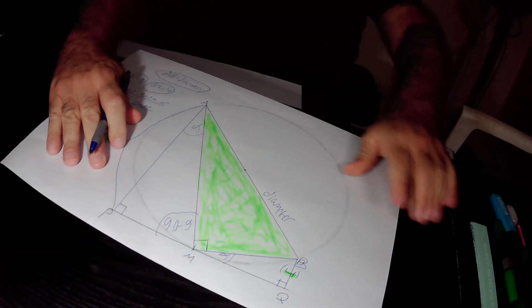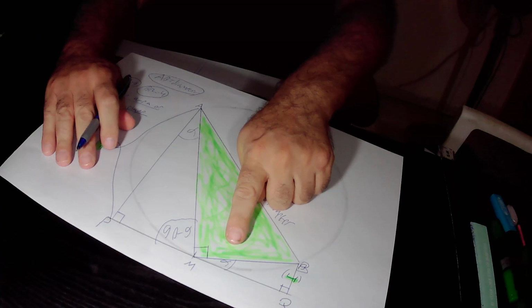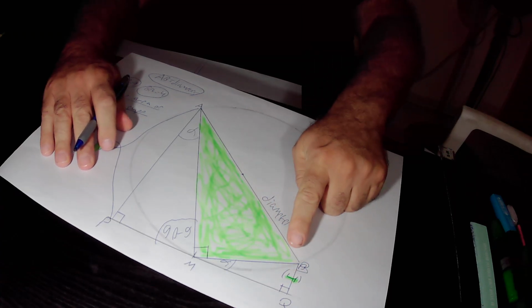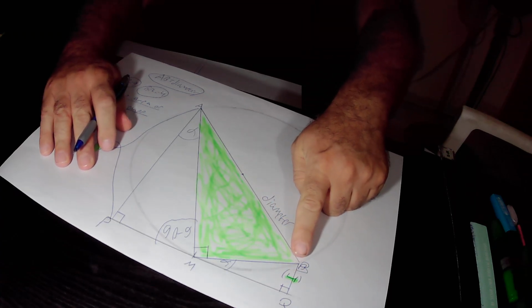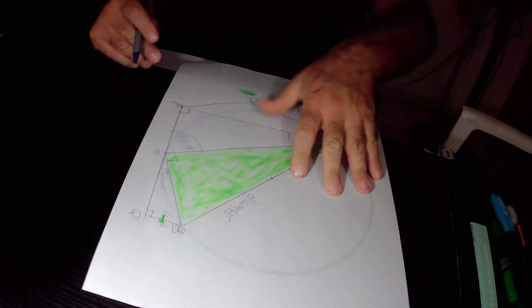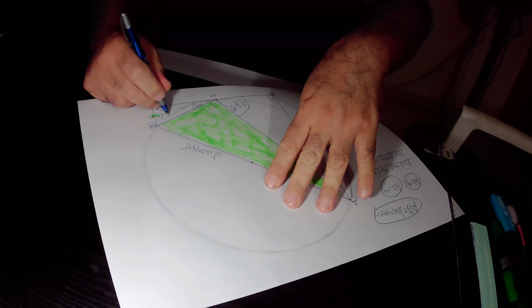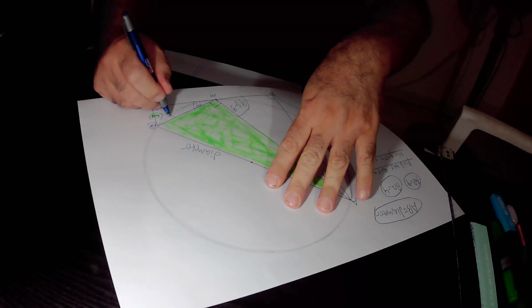So in this small right triangle BMQ, this angle equals alpha, this angle equals 90 degrees, and therefore this third missing angle must be equal to 90 degrees minus alpha, according to the rule that the sum of the angles in a triangle is equal to 180 degrees.